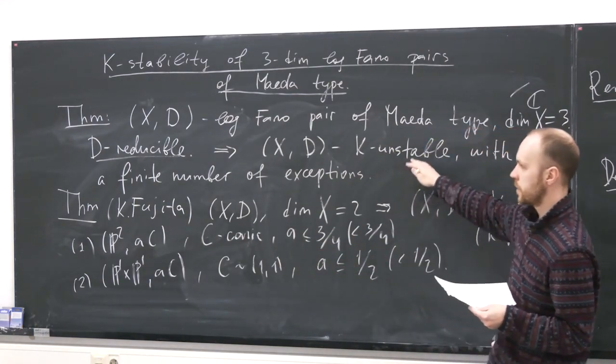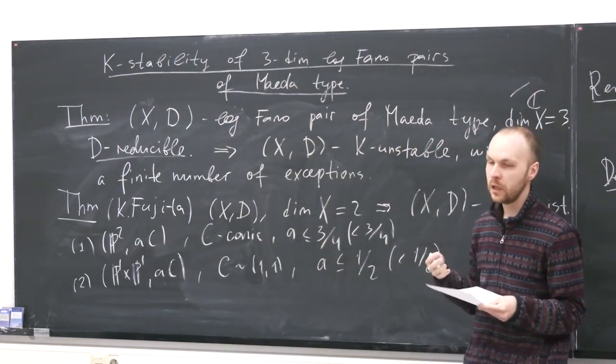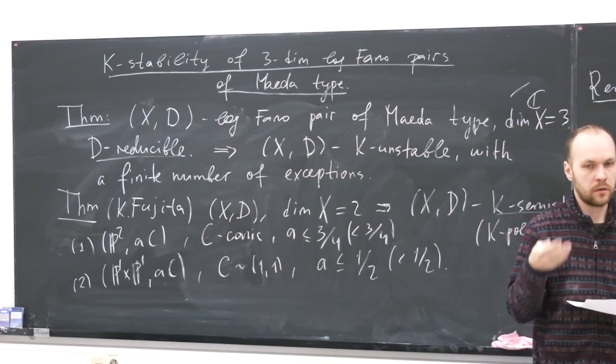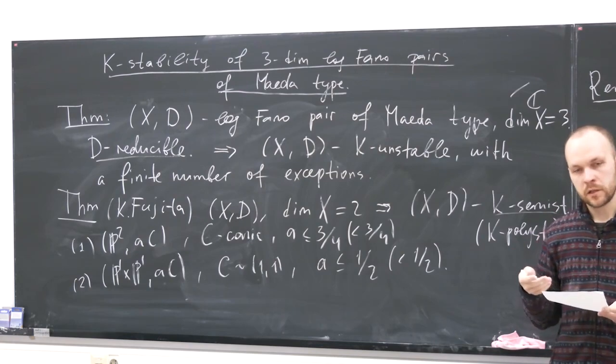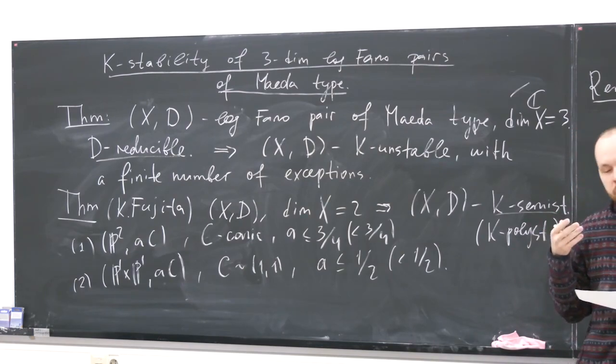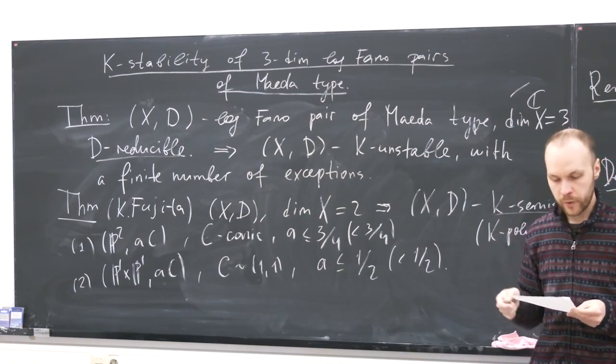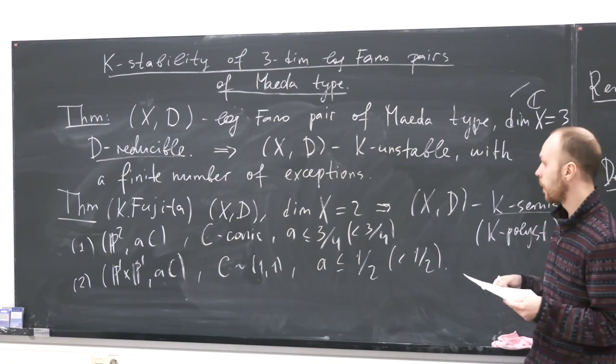I have a similar description in dimension 3, although it is larger, and it doesn't make sense to write it down at this moment, but at the end of my talk, I hope to write it down.